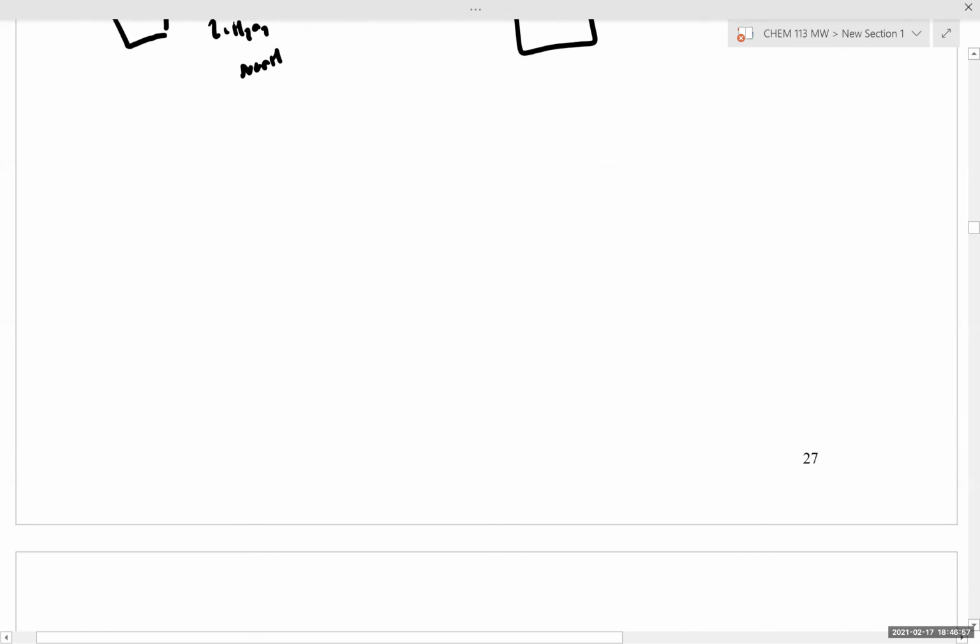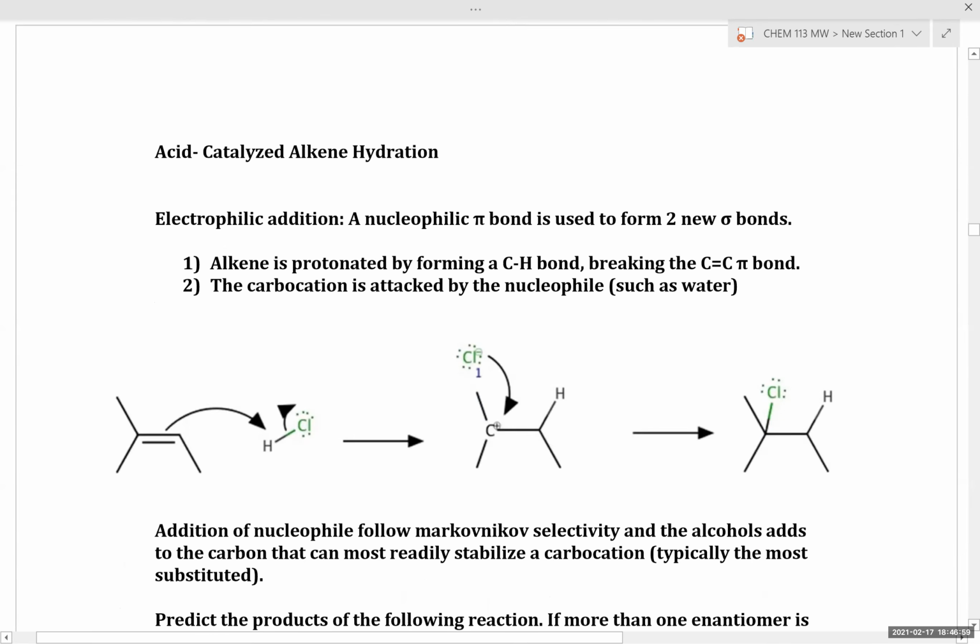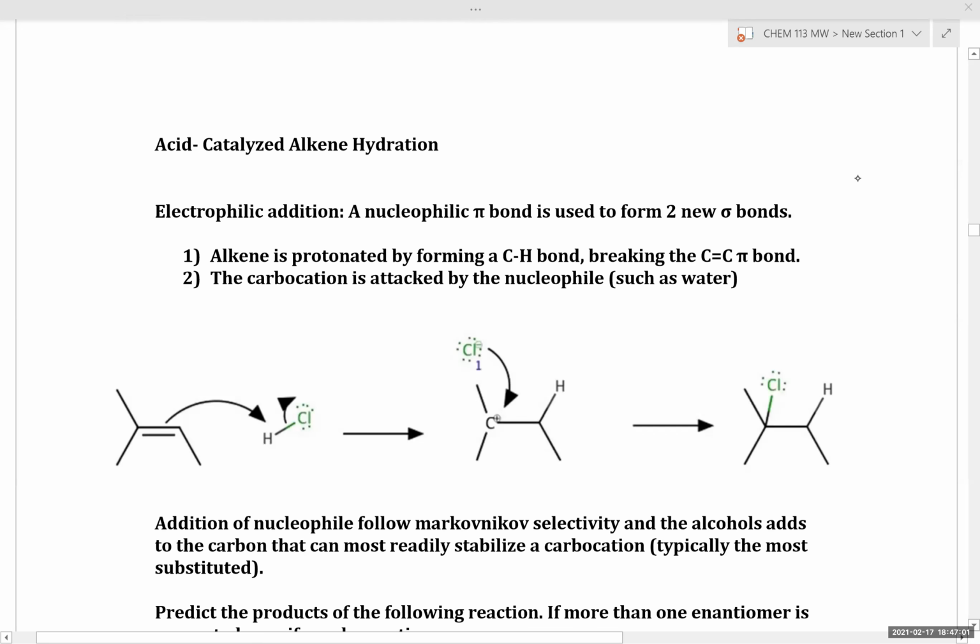Okay, so let's keep going then. And we're going to talk about another very common method to prepare alcohols via acid catalyzed alkene hydration. So let's go over a textbook mechanism for electrophilic addition, where a nucleophilic pi bond is used to form two new sigma bonds.